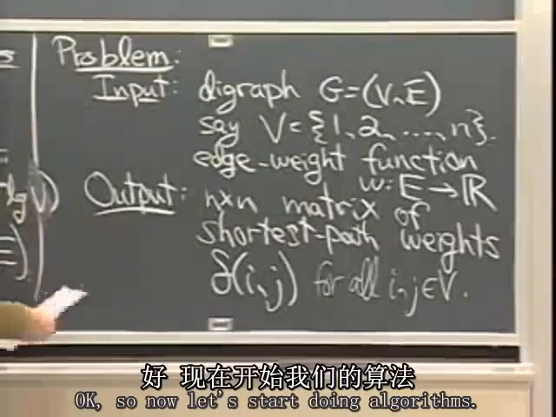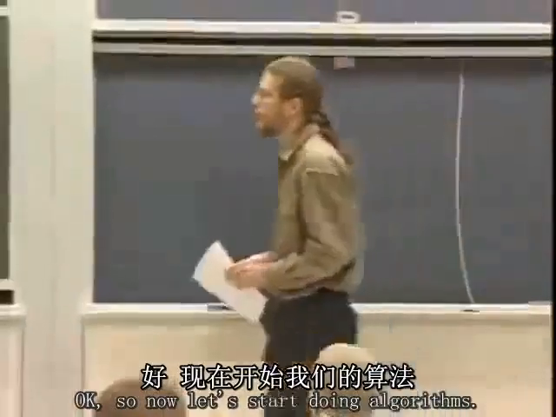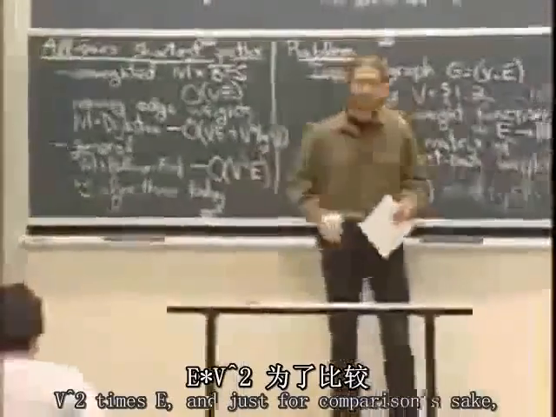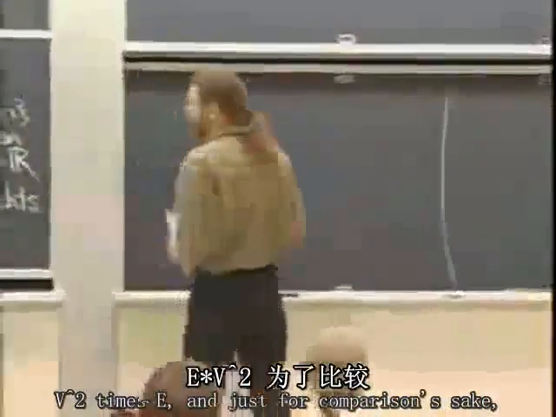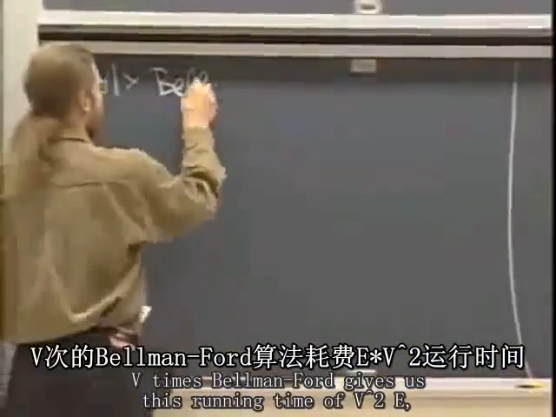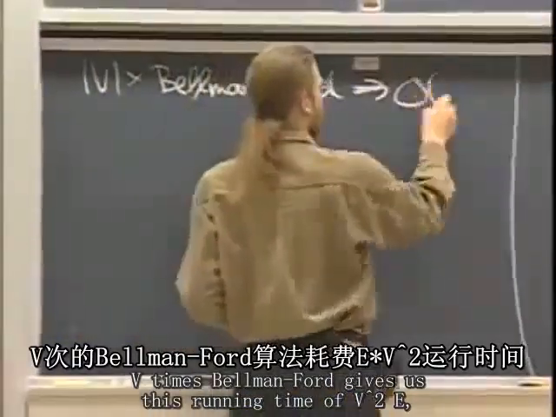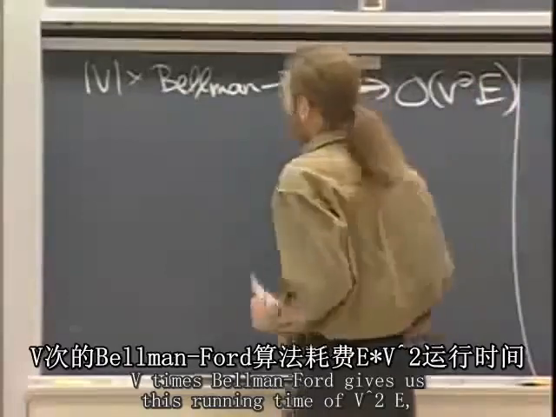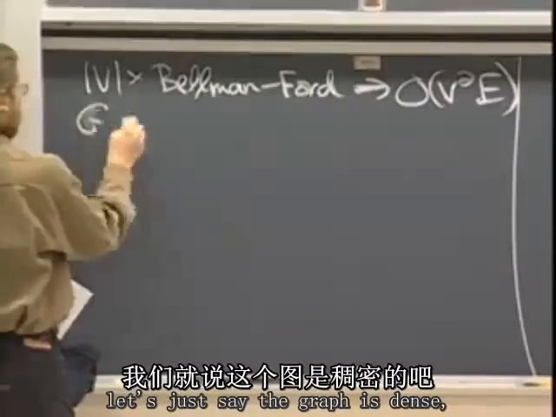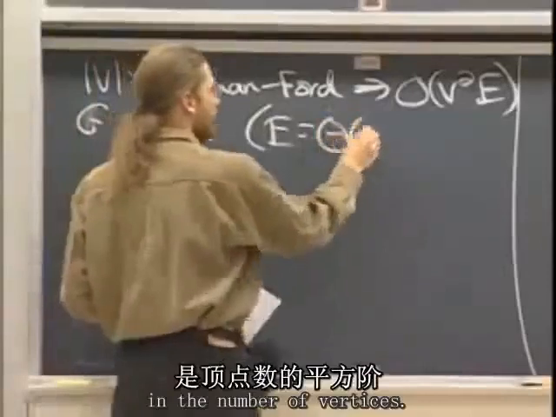Okay, so now let's start doing algorithms. So we have this very simple algorithm, V times Bellman-Ford, and just for comparison's sake, let me rewrite that: V times Bellman-Ford gives us this running time of V squared E. And I'm going to think about the case where, let's just say, the graph is dense, meaning that the number of edges is quadratic in the number of vertices.